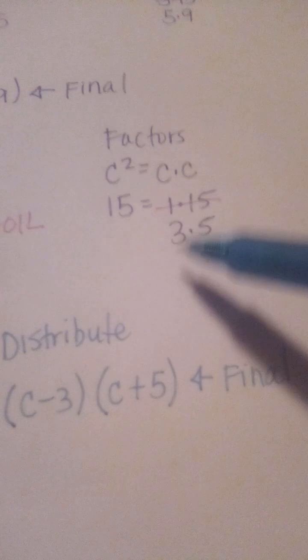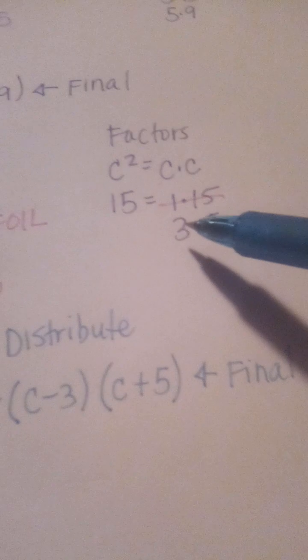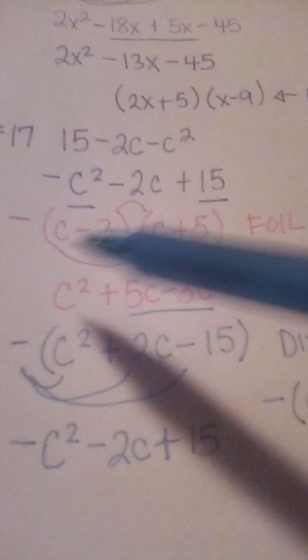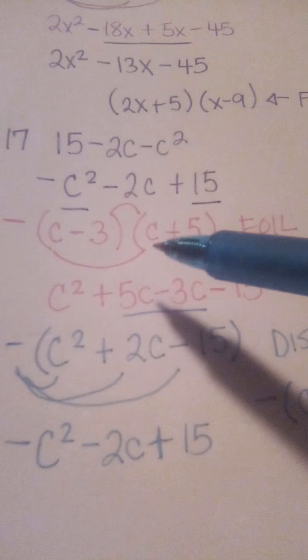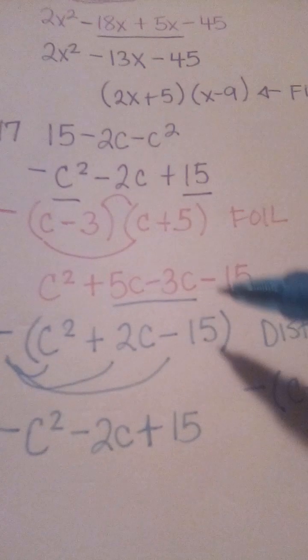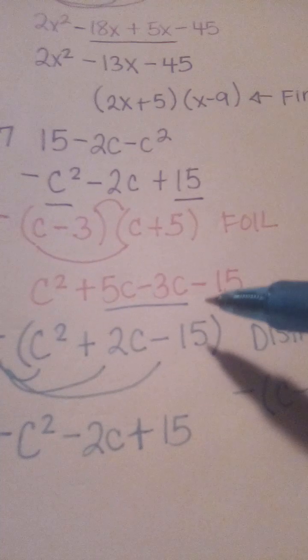Then see which numbers on the 15 and the C's correlate with the two factors, which are C and C, and negative 3 and a positive 5. Make sure it works, and go through the process.